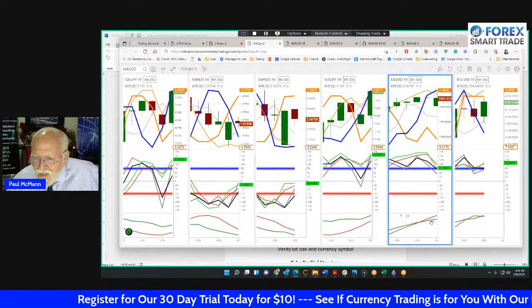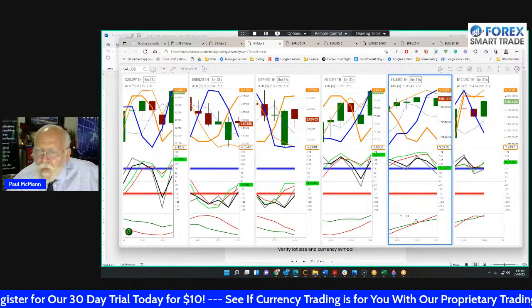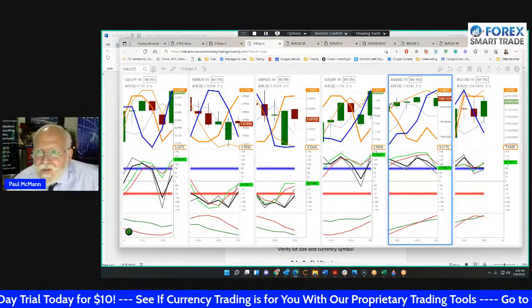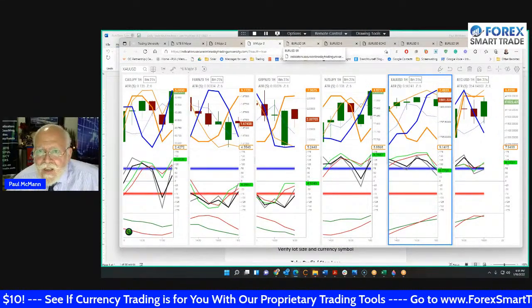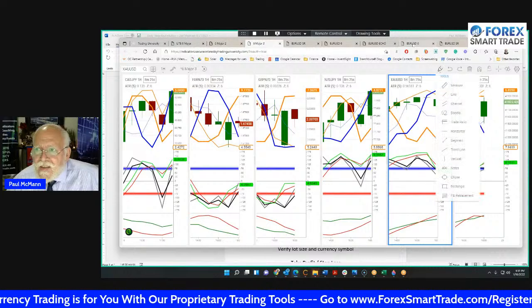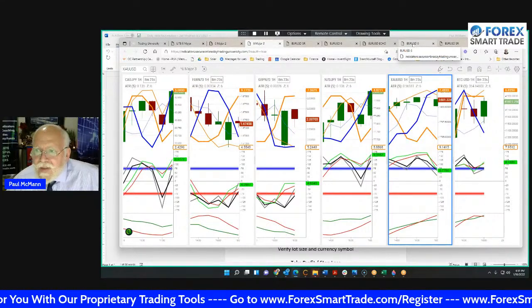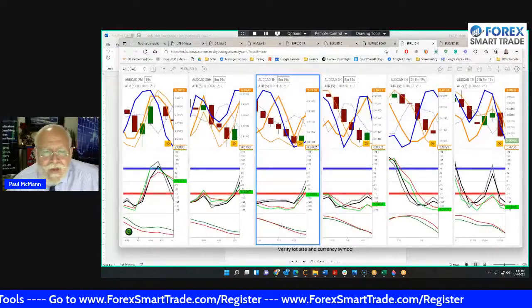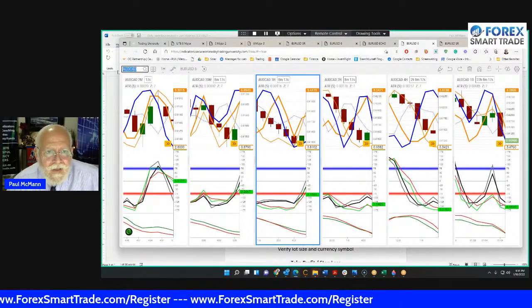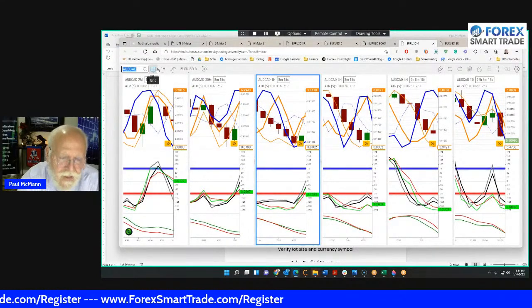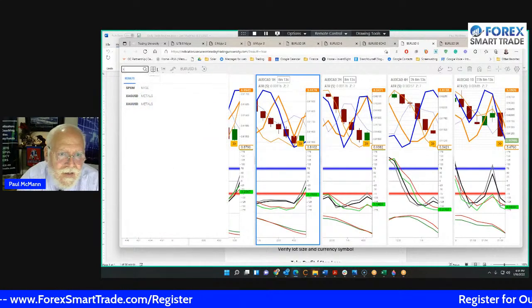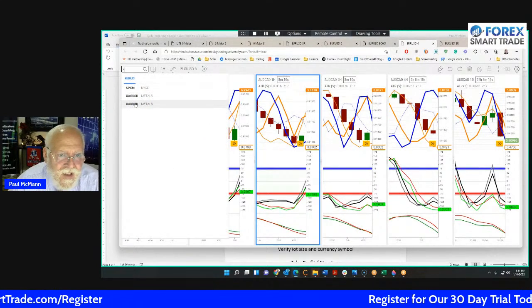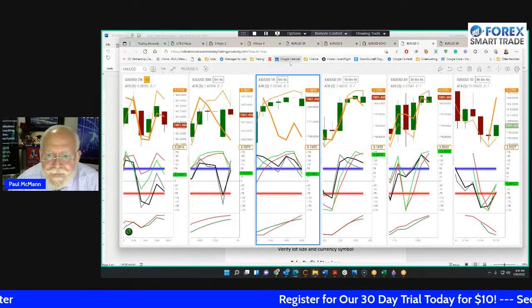The green is starting to roll, so I like that. So if I look at Euro USD, so we're going to make this AUD, or is it XAU USD?